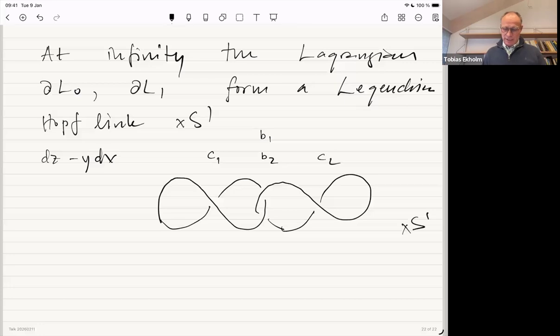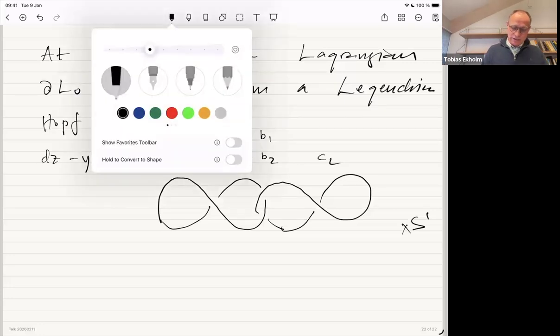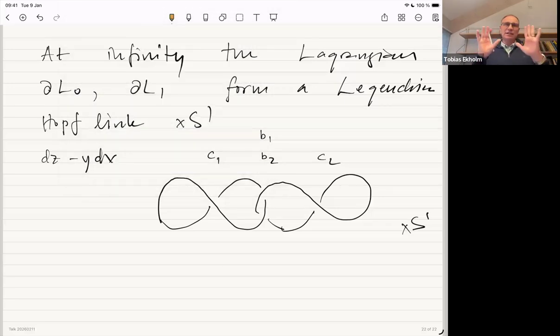So let me tell you about that. First, let me draw these curves at infinity. They're not so hard to find in this case. So really, it's a kind of Bott-Morse situation, but what it comes down to is finding the curves in one of these slices. That's enough. And they look like this. So you have this curve, there's one disk.